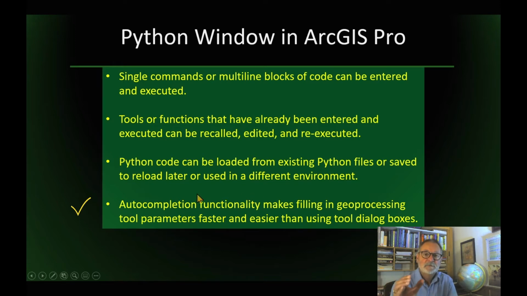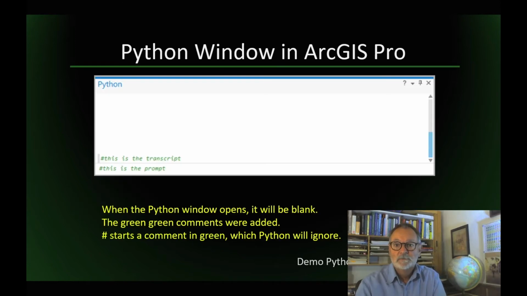So that means if you have a tool, it makes sure you're not missing any important input before you execute it. So it takes you by the hand and helps you. So here is just a screenshot of the Python window, but let's just open one up and see how it all works.